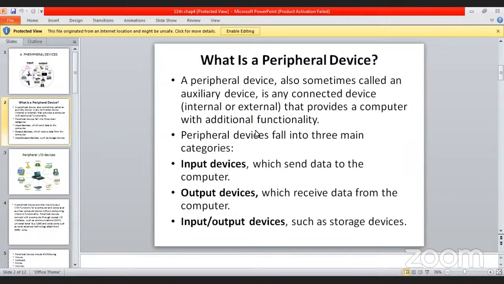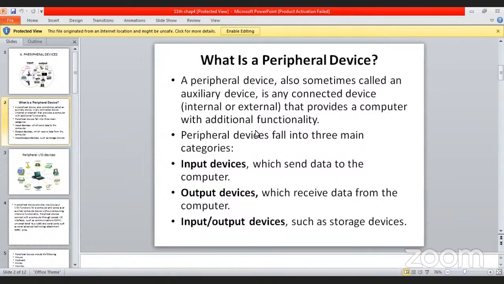With the keyboard, we can enter text or different types of letters and so on. Outer means external, means output devices. We can see the printer or speakers.